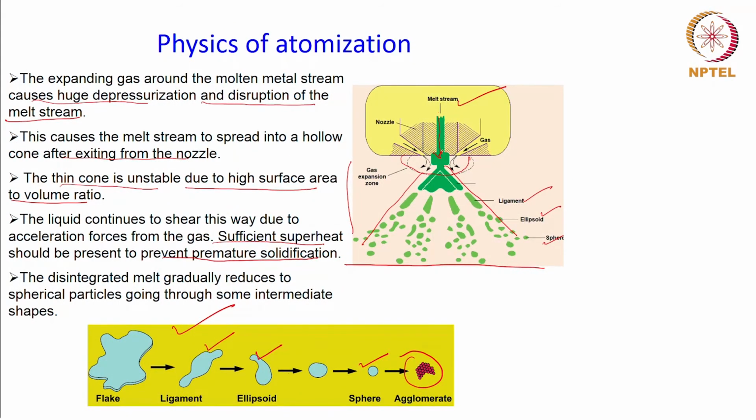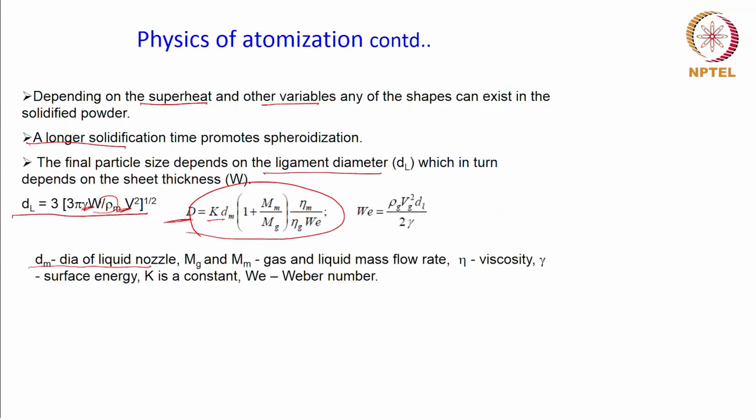That means we are talking about this nozzle over here, the size or the diameter of that, and mg and mm are the gas and liquid mass flow rate respectively. Eta is the viscosity of the liquid and gamma is the surface energy of the liquid.